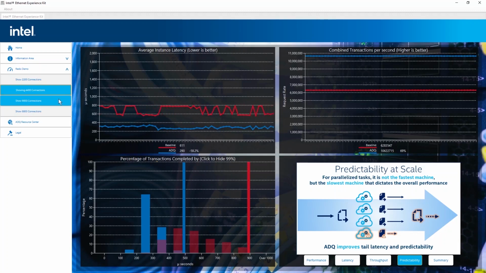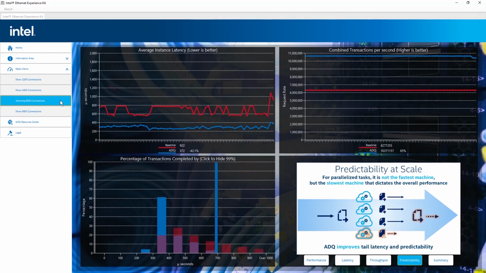When we switch to 6600 connections, there is again high and slim predictability for ADQ and very flat and wide for baseline. ADQ's 99th percentile here is 700 microseconds, and baseline is so bad it falls off the graph completely. It's over 1,000 microseconds. When the job is split and sent to threads under large jitter, it will be hard to predict how fast the entire job is completed, meaning low predictability.